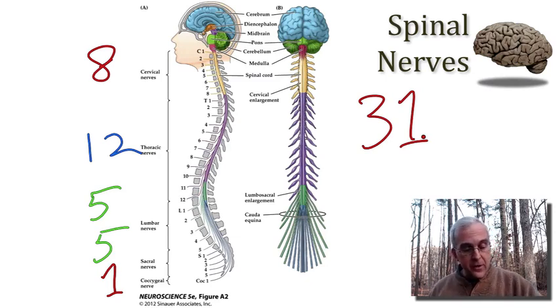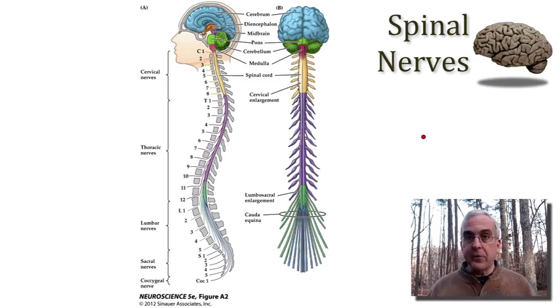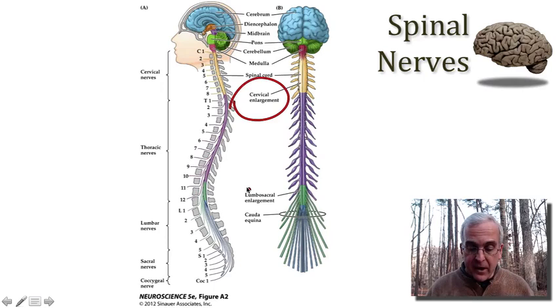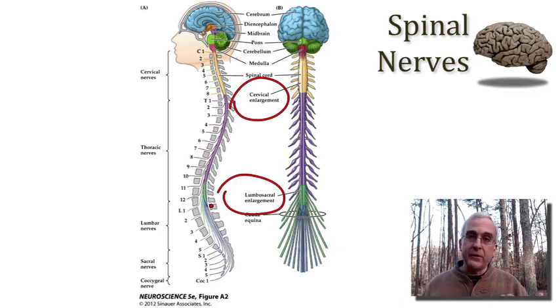Another way is to note that there are 2 regions where the diameter of the spinal cord is enlarged. One in the cervical region and another in the lumbosacral region. Now, you can probably imagine what's going on here. There's an expansion of the numbers of neurons and the circuitry of the spinal cord that's related to these important locations along the vertebral axis of the body.